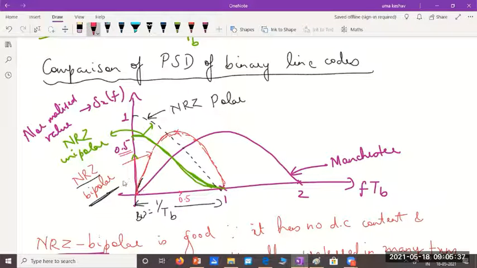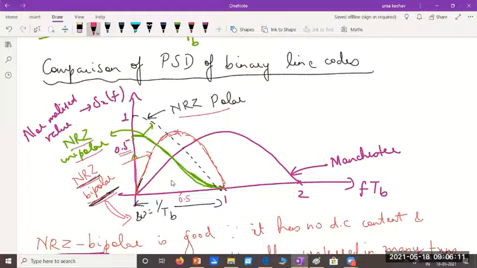So you can easily avoid using DC couplers whenever I go for NRZ bipolar format. That's one major advantage. And coming to the bandwidth of all these 3 categories, that is NRZ polar, NRZ unipolar, and NRZ bipolar, for all the 3, the bandwidth remains 1 by TB.